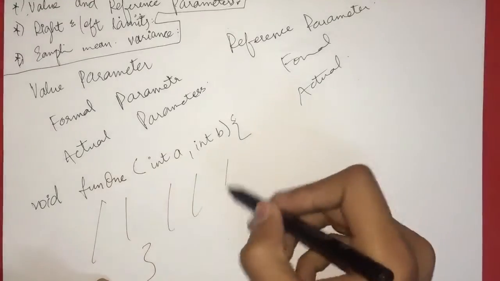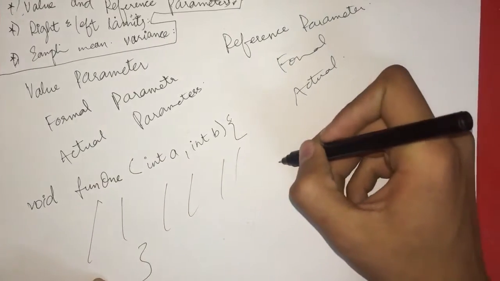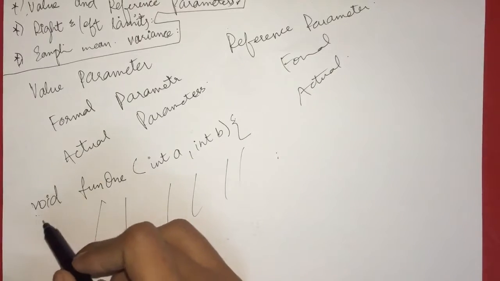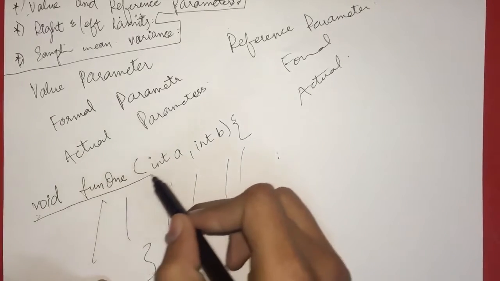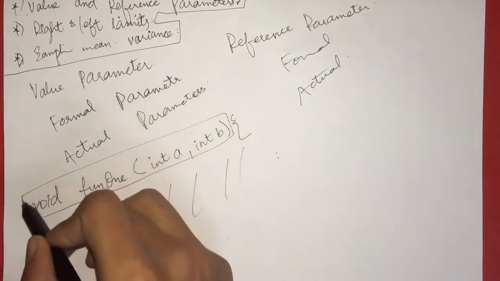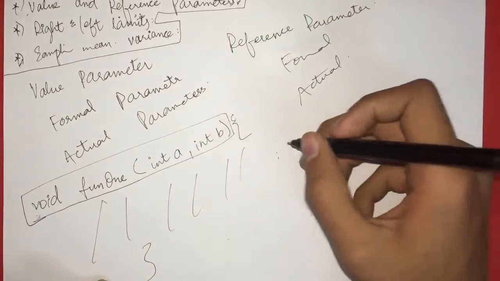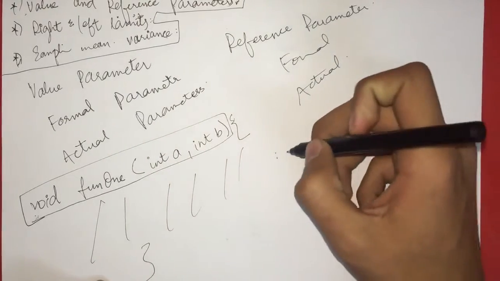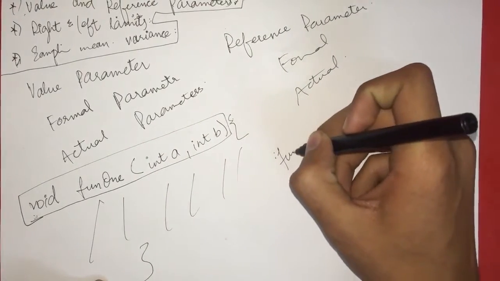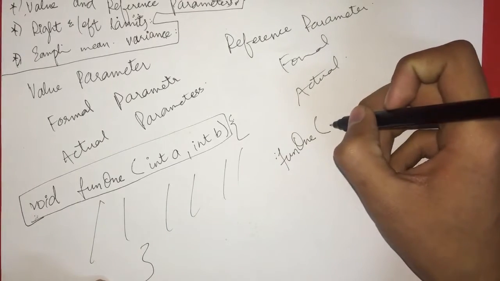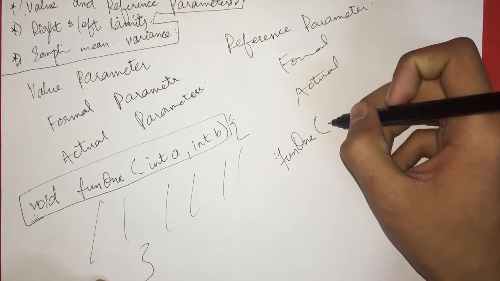There's a whole lot of code inside, and then when I call this function, I'm obviously going to write the prototype of this function, only the function heading, after your hash include, before your function main. And then when I call this function, I write fun1, the name of the function, and then the parameters.